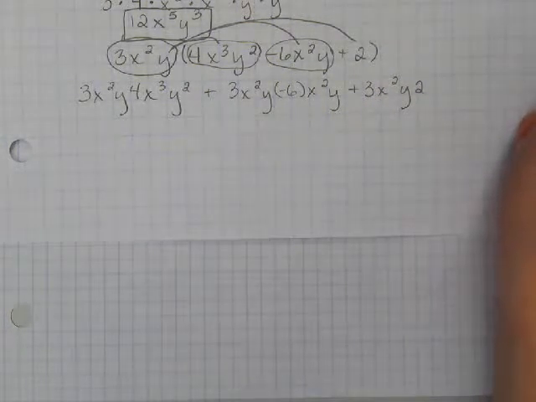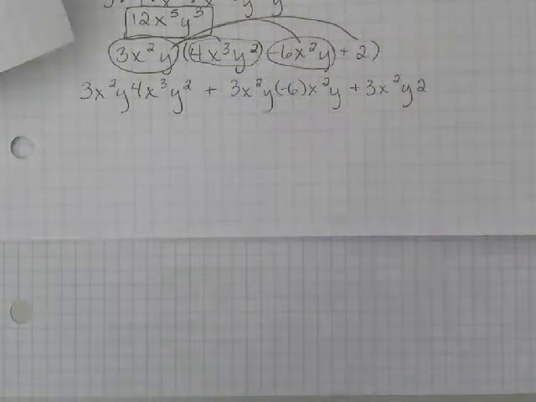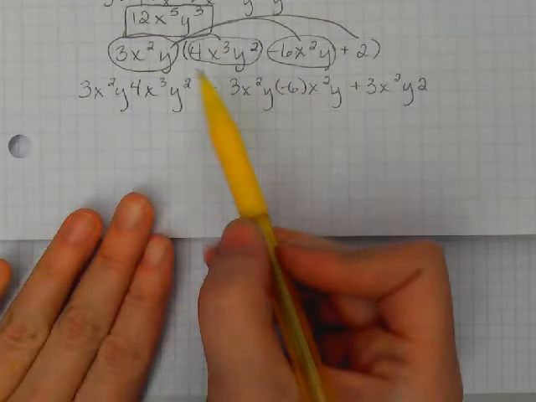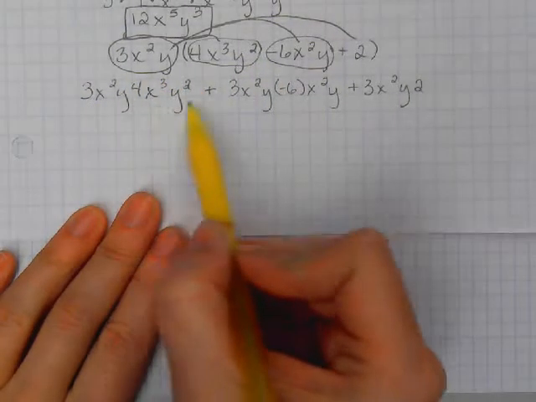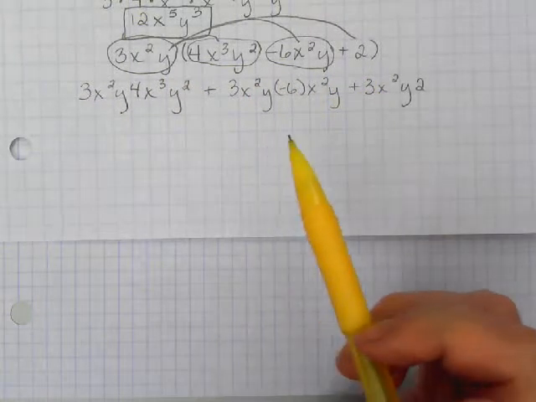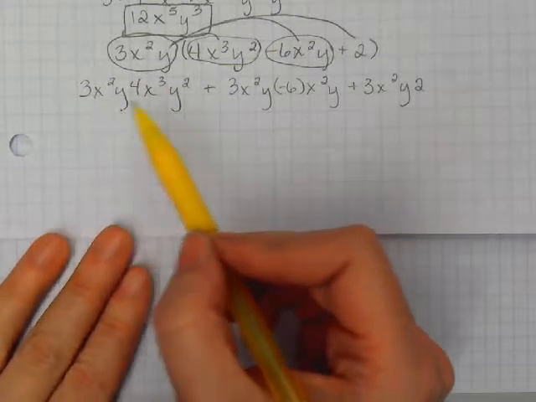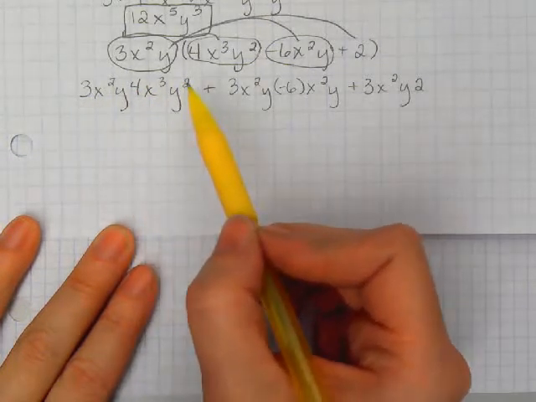What two coefficients am I multiplying on this second term? 3 and negative 6. And what does that give me? Negative 18. So I got my 3 and my negative 6 covered.